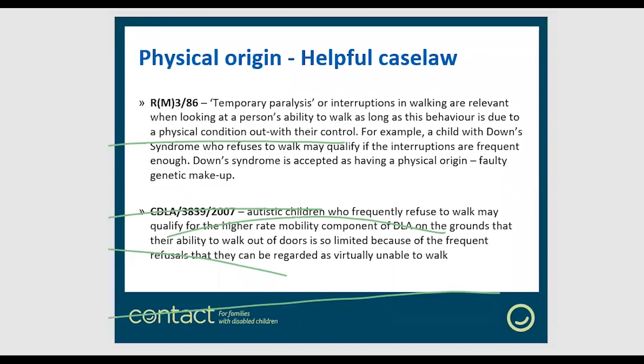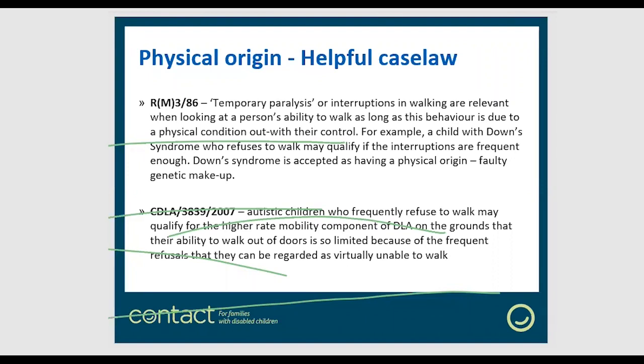So in terms of arguing it's a condition that has a physical origin, there's some really helpful case law. There's a decision that specifically looked at Down syndrome, which said that a child who refused to walk could be classed as having interruptions in walking, and that they could be virtually unable to walk, because Down syndrome is accepted as having a physical origin.